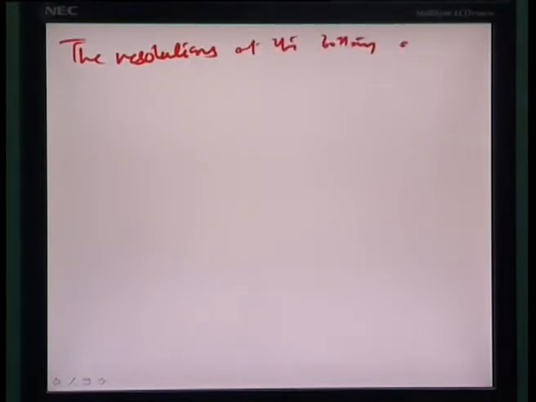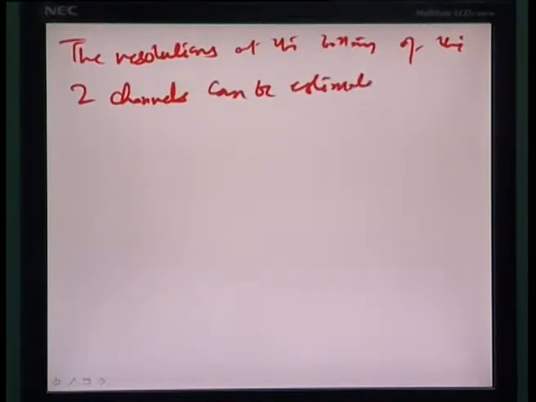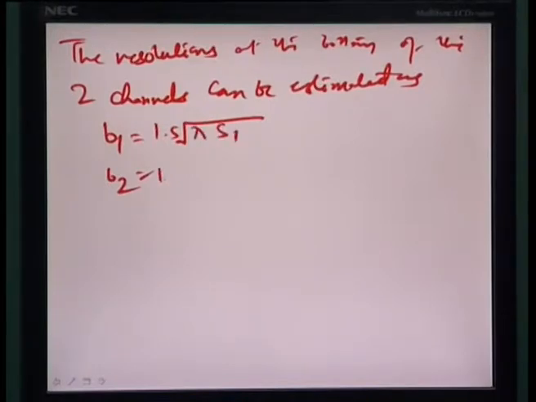The resolutions at the bottom of the 2 channels can be estimated as, let us say, B1 and B2. So, B1 is, by the relationship mentioned earlier, 1.5 lambda S1, and B2 is 1.5 lambda S2.